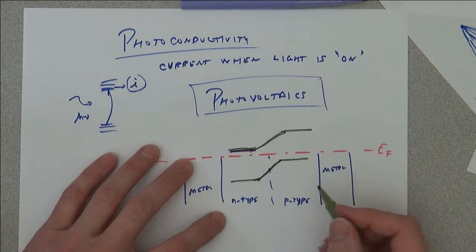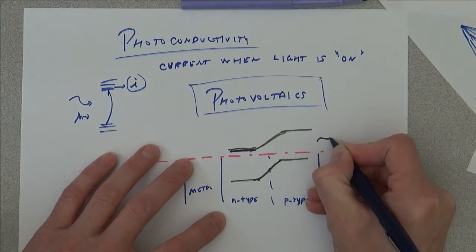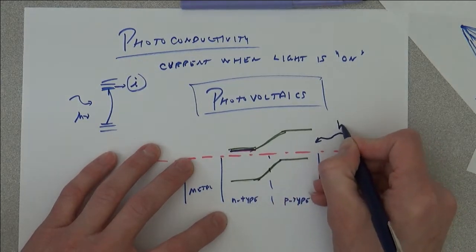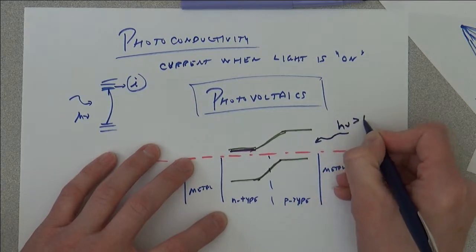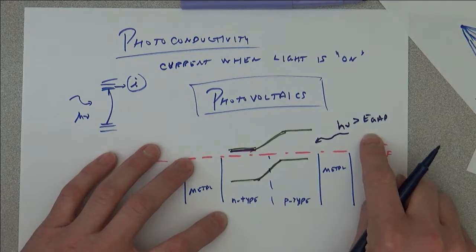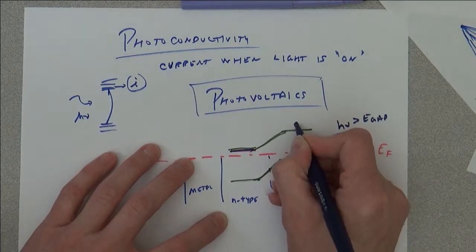Now what happens is light will come in, and if the light has an energy larger than the band gap, it will create a hole and excite an electron.